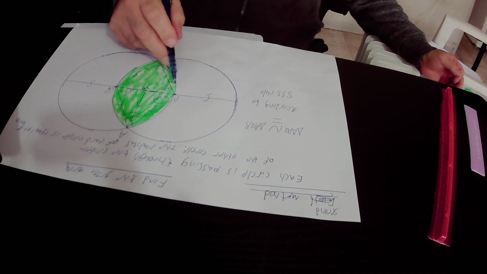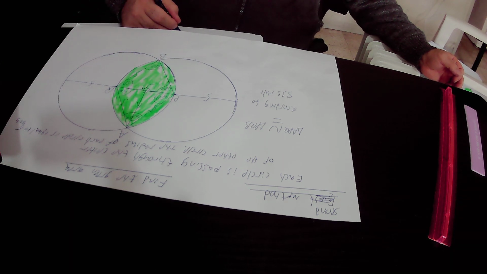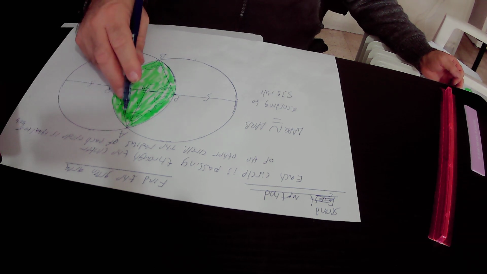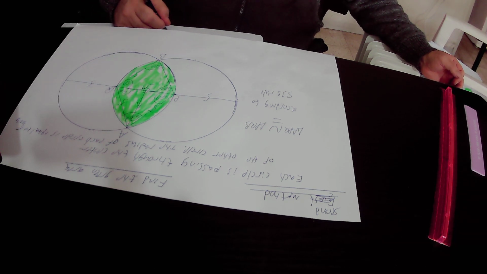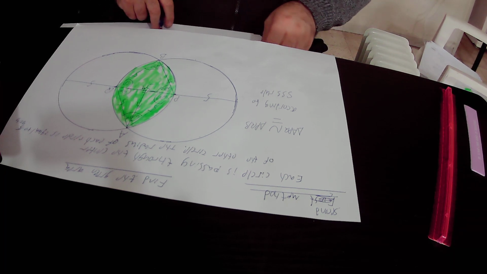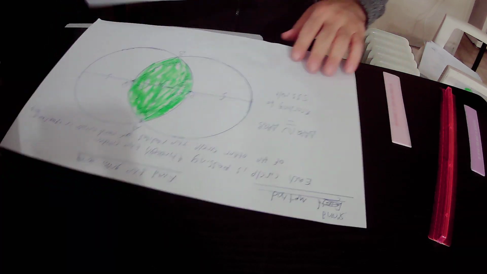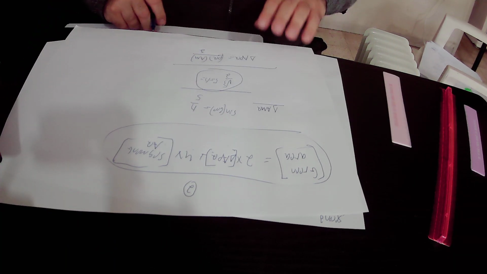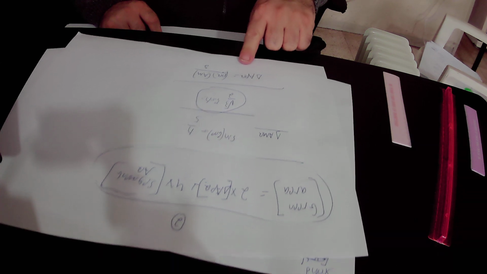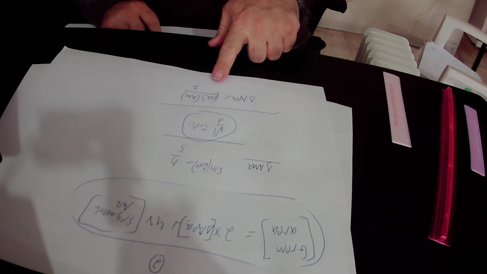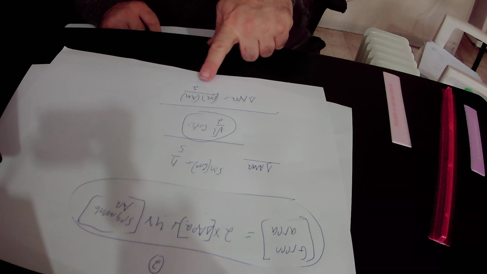and the area of triangle APQ will be equal to the base of the triangle, that is PQ, times the height, that is AM, over 2. Okay, I repeat again, the area of triangle APQ equals the base of the triangle, that is PQ, times the height, that is AM, over 2.